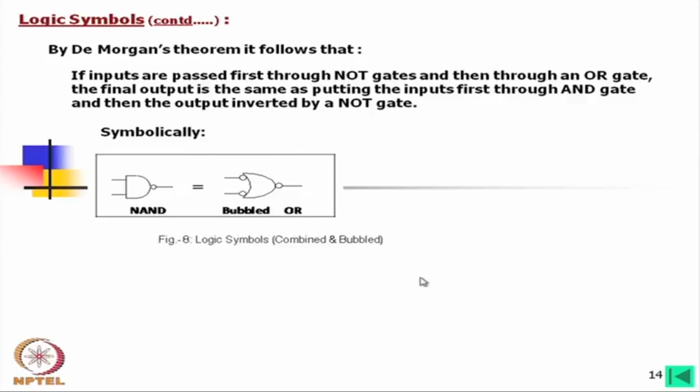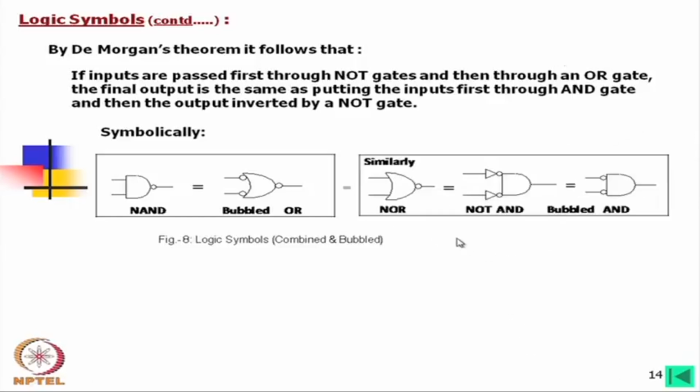You look at these symbols, and this is one De Morgan theorem, and also if you take NOR, then NOT AND, we do the reverse way, NOT AND then OR. So, we get NOR.